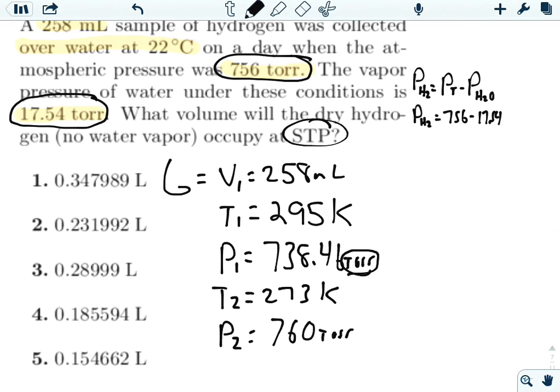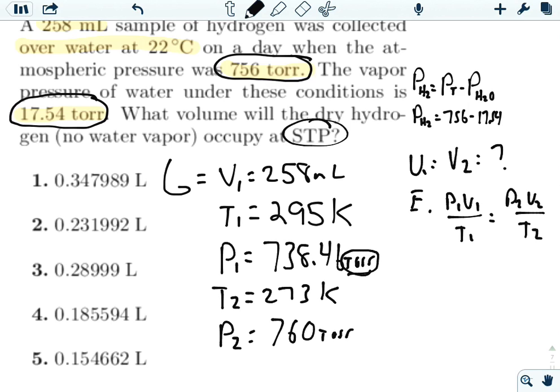Our unknown is going to be our V2. Since nothing's held constant, we don't have isobaric, isochoric, or isothermal conditions, we will use the equation P1 V1 over T1 equals P2 V2 over T2.